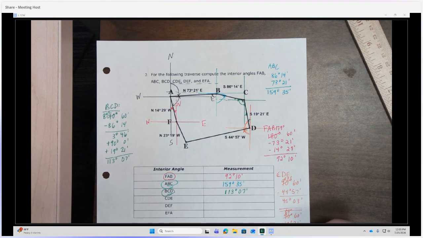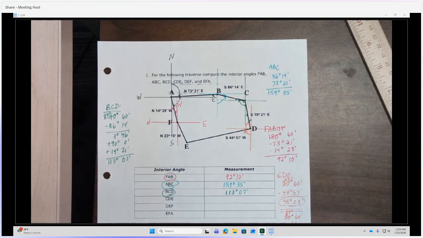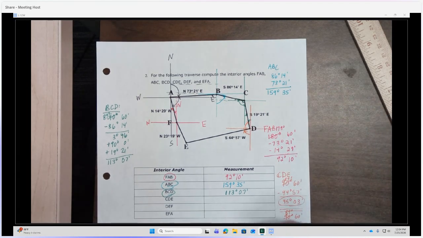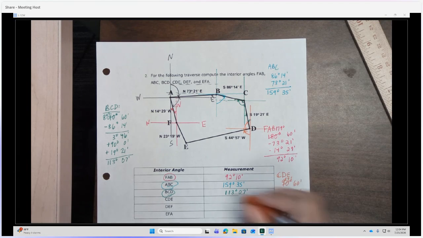So that will become 39 minutes and 70 degrees. And now I can take these two and add them together to get that angle CDE. So 45 degrees, 3 minutes, and 70 degrees, 39 minutes is going to give me a total CDE angle of 115 degrees and 42 minutes.